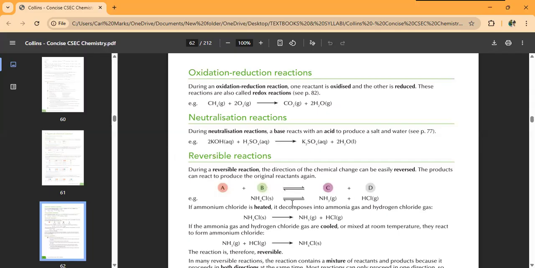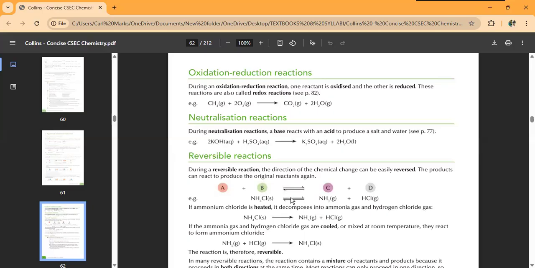So basically what happens is that you have the reactants combining and making products, and you also have the products returning to the reactants. That is why we have this fancy symbol here in the middle.